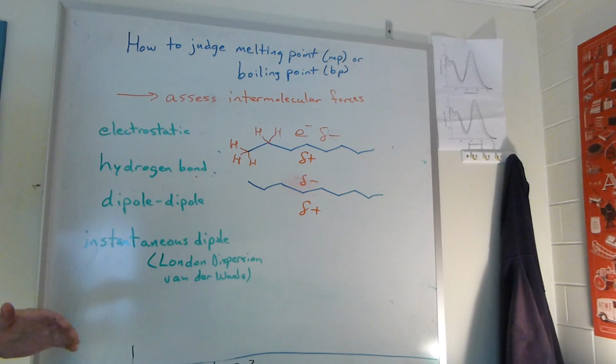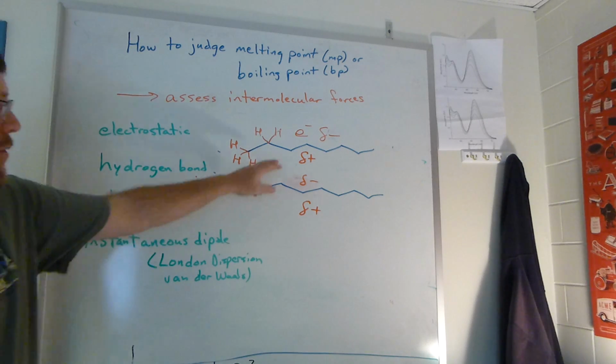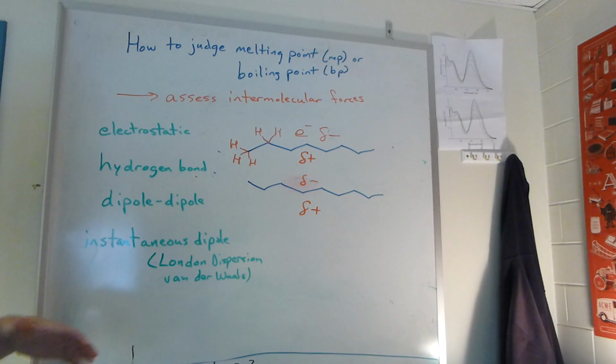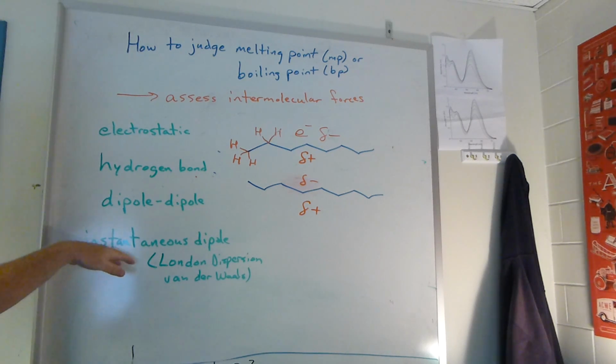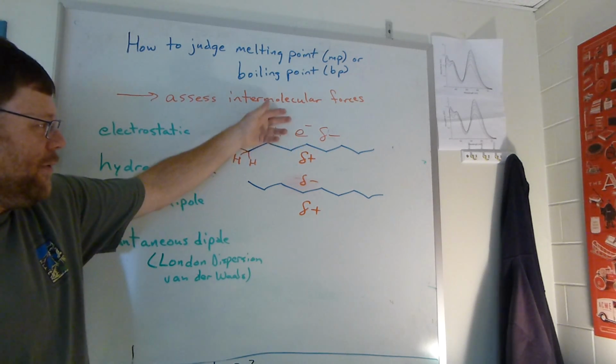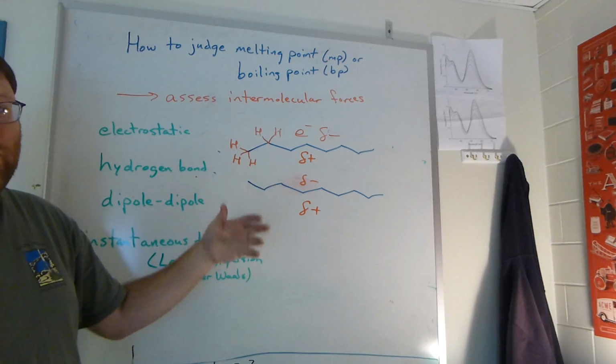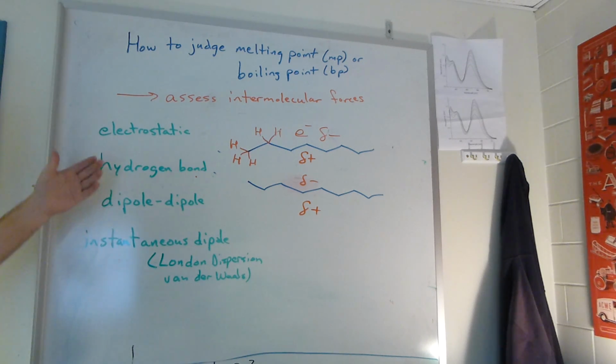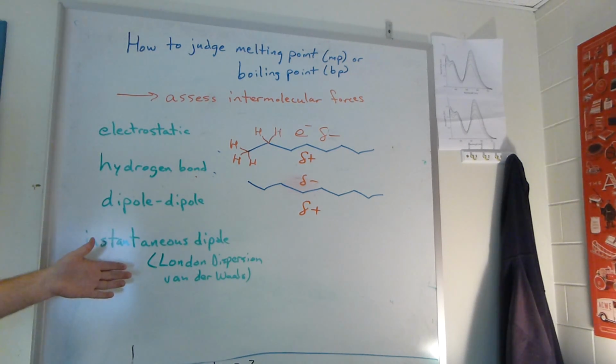Clearly, that isn't going to be much of a force. It's a partial positive and a partial negative. That's not a huge electrostatic interaction. And it's instant. So in the next instant, the electrons may flow back, and now you get a repulsive force. So the instantaneous dipole, or the London dispersion forces, or van der Waals forces, are really weak.